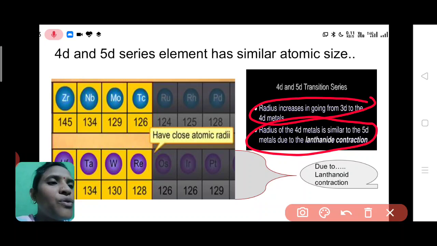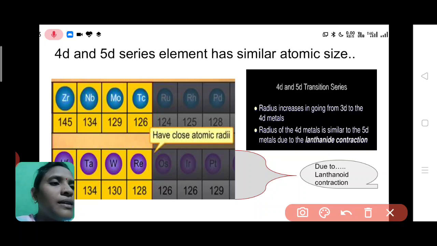But in case of 4D and 5D, radius of metals is similar. That is, atomic radius of 4D metal is similar to 5D metals. What is the reason? The reason is lanthanoid contraction.